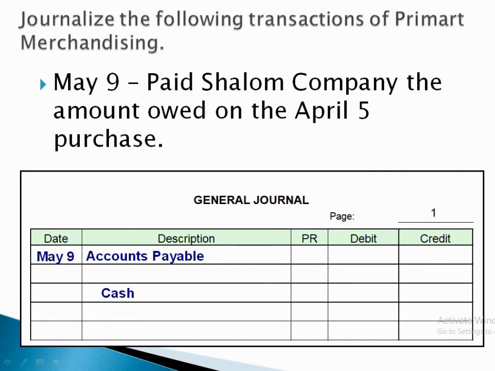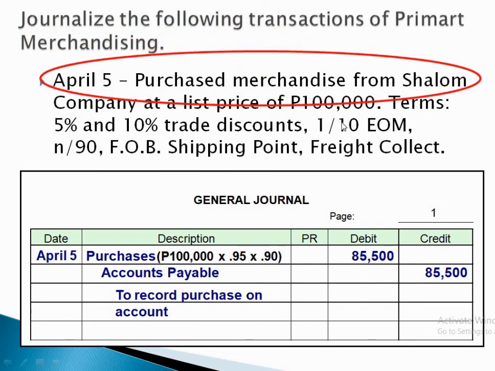Date of purchase, April 5. Credit term, 1/10 EOM, N/90. This is not 1/10 N/90, but 1/10 EOM, N/90.